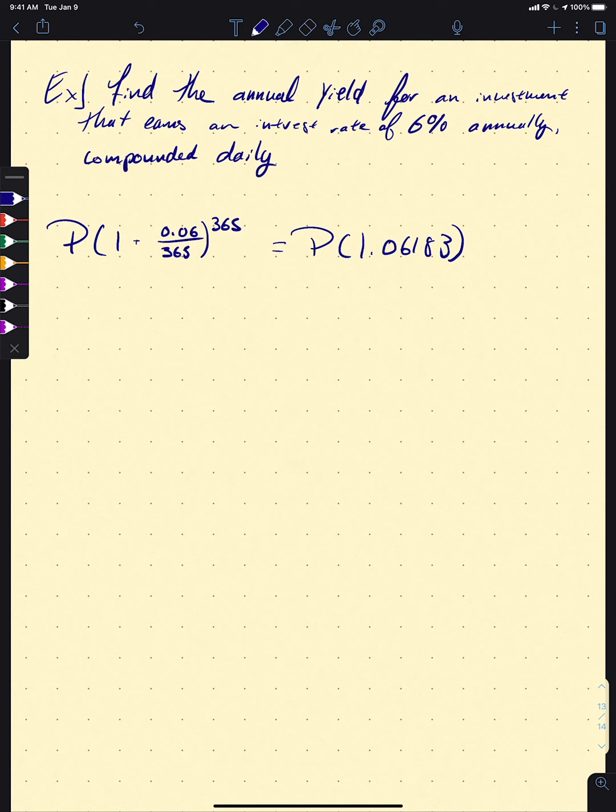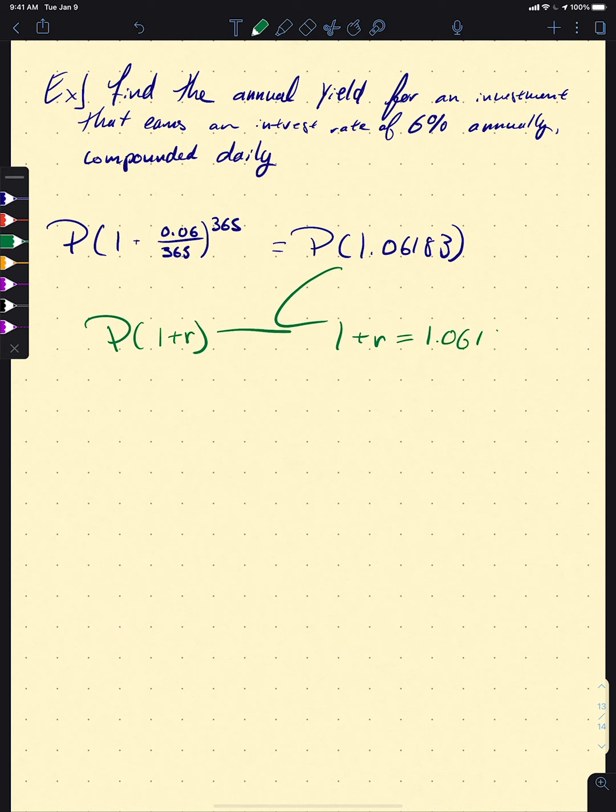But if we're looking for the annual yield, we're looking for something that looks like P times 1 plus R. So if we put these two pieces of information together, we get that 1 plus R is about 1.0618.